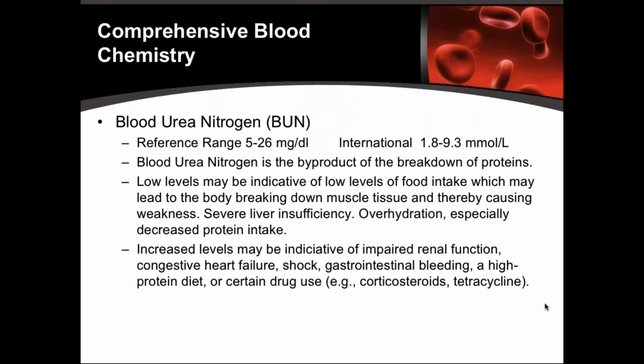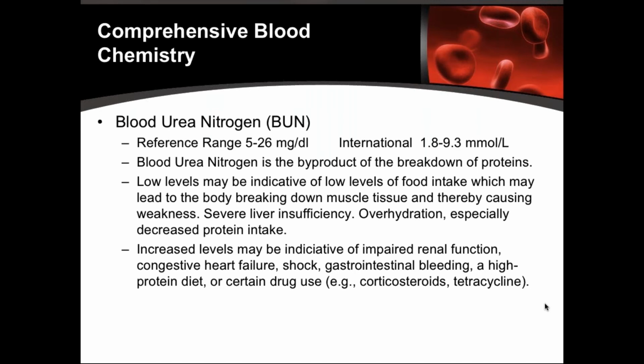So, low levels of BUN may be indicative of low levels of food intake, which may lead to the body breaking down muscle tissue, therefore causing weakness. And by the way, the proximal convoluted tubule of the kidney hates to be touched by broken down muscle. It will be damaged.